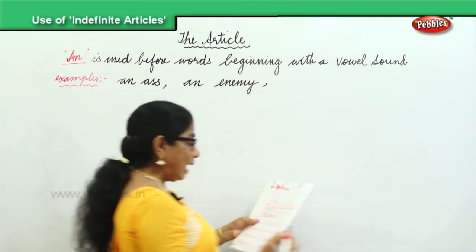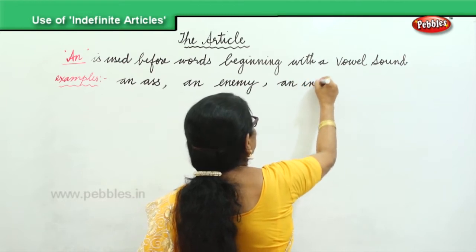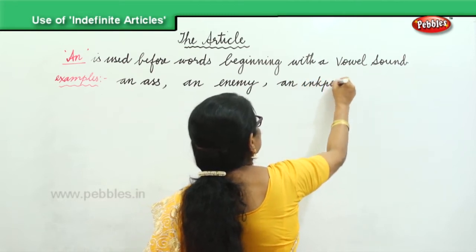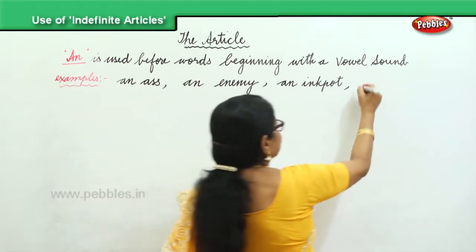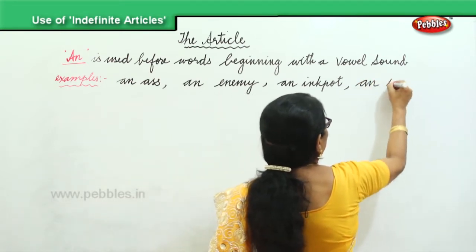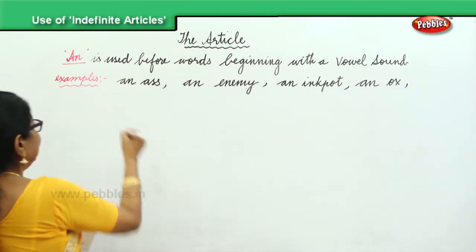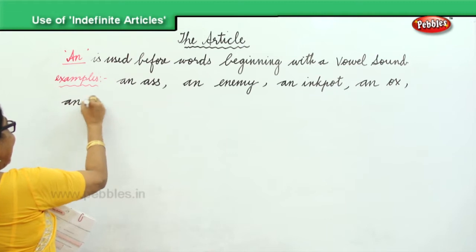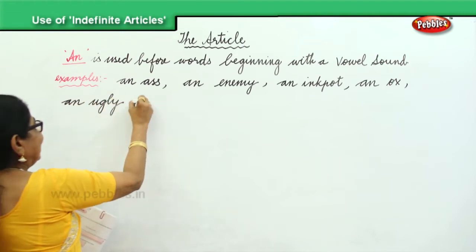Then we'll say an ink pot. Then you will say an ox. And then an ugly animal.